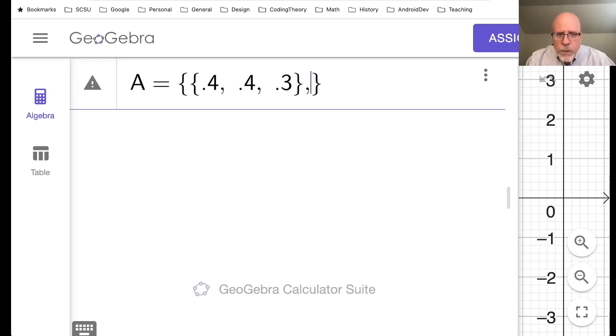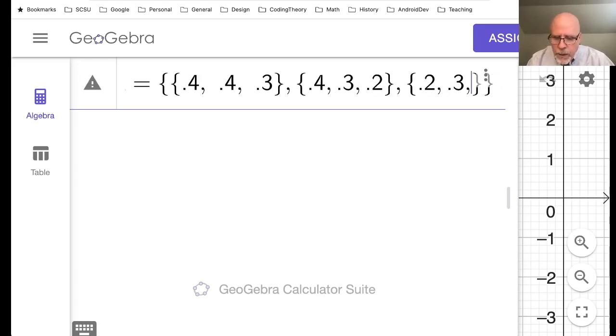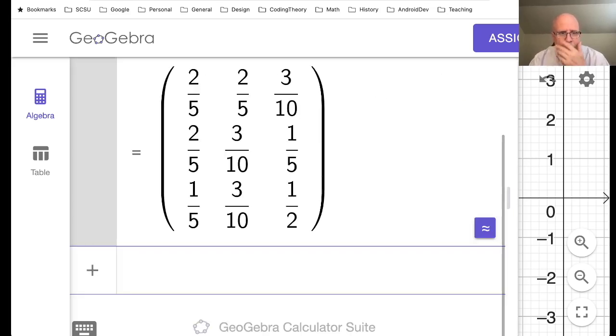And the second row is 0.4, 0.3, and 0.2. And then finally the last row, the third row, is 0.2, 0.3, and 0.4. That's the matrix A that was given in the textbook.